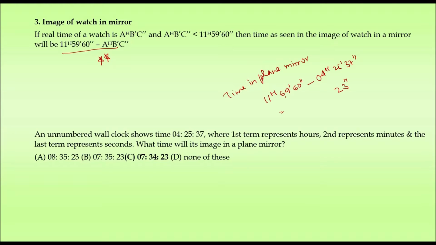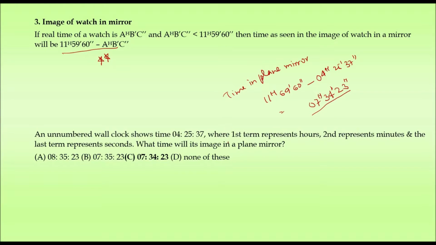Now subtraction of minutes, 59 minute minus 25 minutes comes out to be 34 minute. And in hour, if I subtract 11 hour minus 4 hour, then it comes equal to 7 hour. So if you see this clock which is showing the time 4 hour 25 minute and 37 second in a plane mirror, then in the mirror the time seems to be 7 hour 34 minute and 23 second.